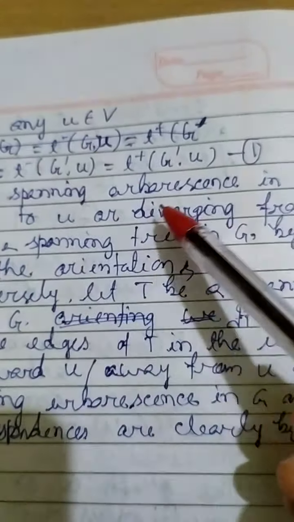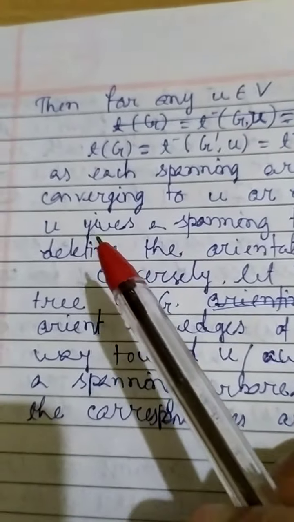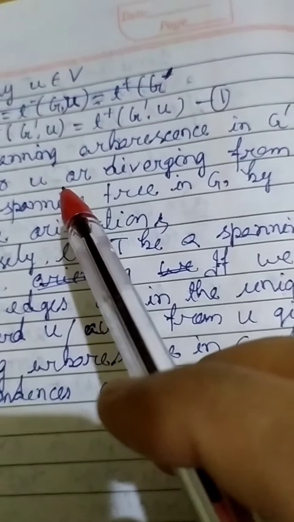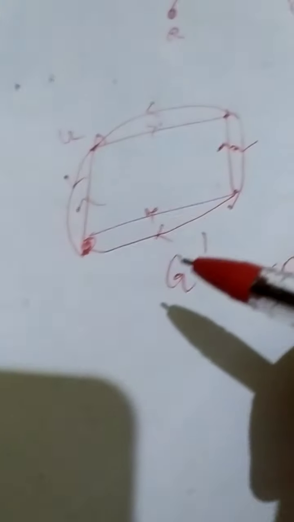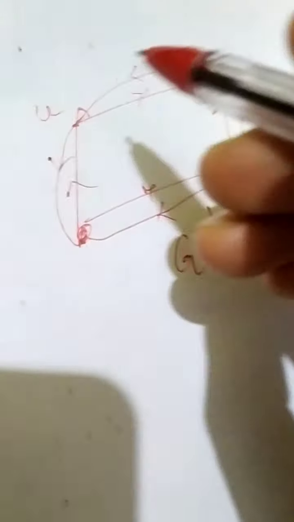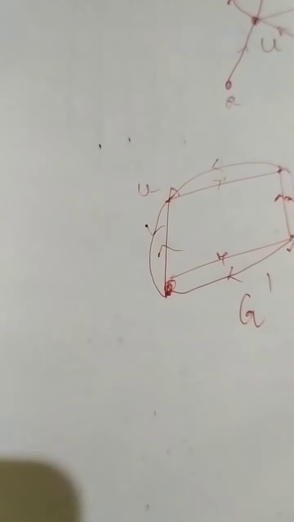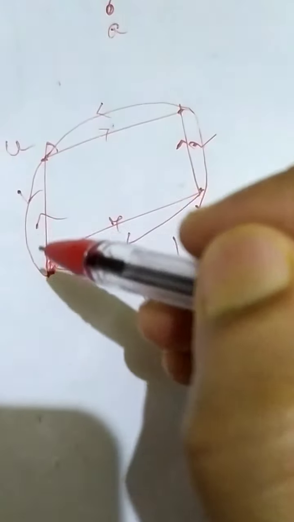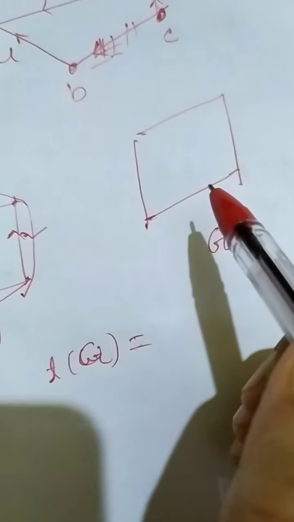Because each spanning arborescence in Z dash, the directed graph, converging to U gives a spanning tree in Z. Similarly, if we consider a spanning arborescence diverging from U, it also gives a spanning tree in Z. Therefore they are equal.